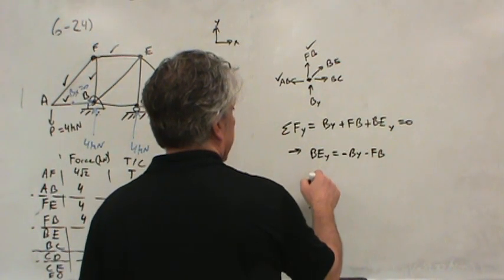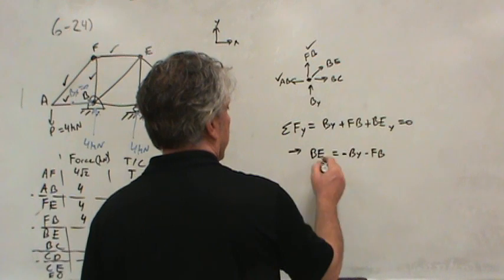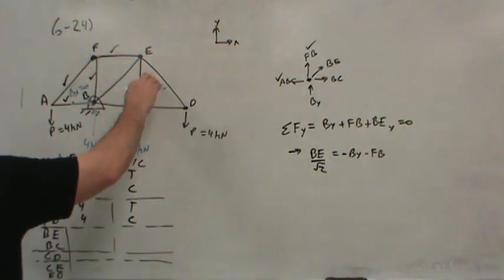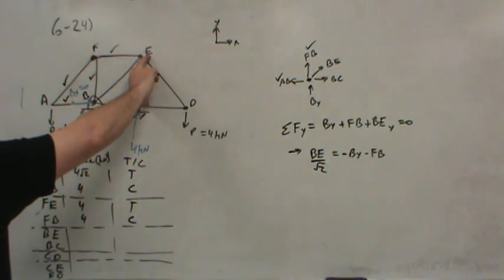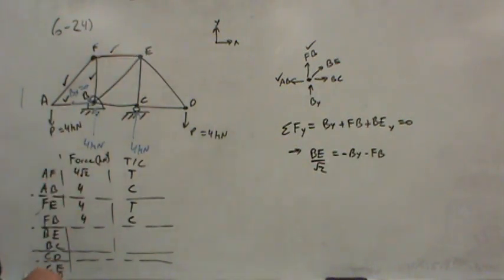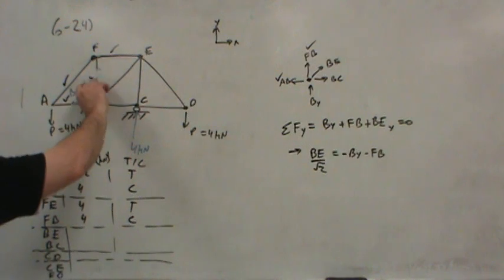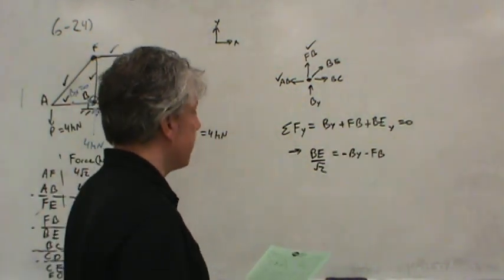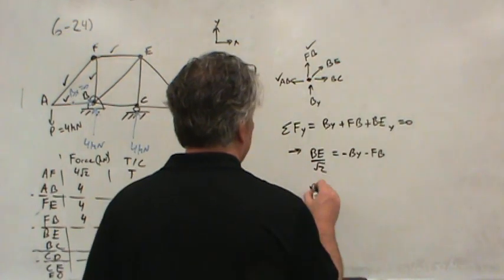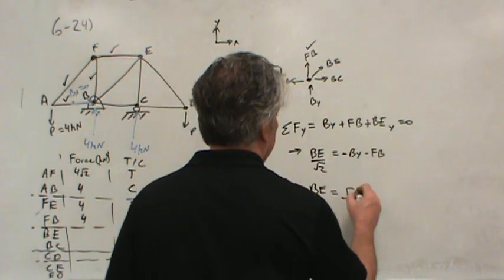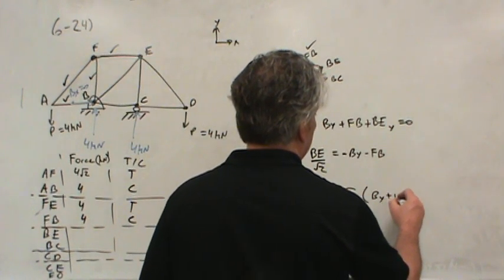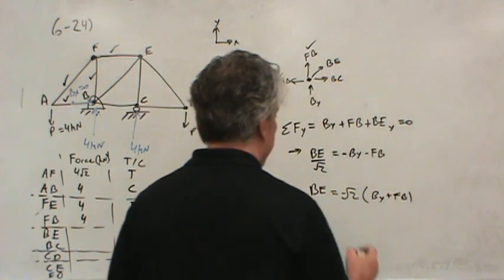And BEY is the same thing as BE over root 2. Why? Because BE is at a 45-degree angle also. Remember, the width here is 3 meters, the height is 3 meters, that makes BE at a 45-degree angle. And so its vertical and horizontal components are just its hypotenuse divided by the square root of 2. So basically BE will be calculated as negative root 2 times BY plus FB.